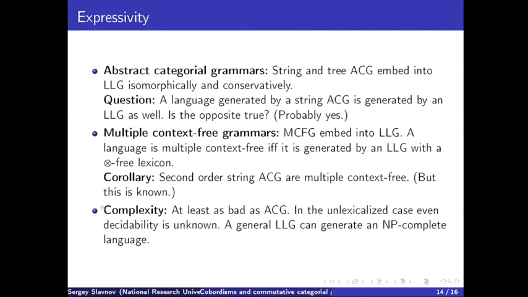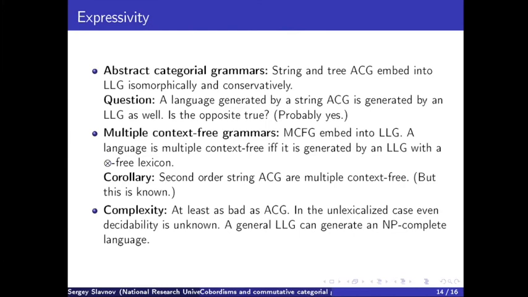And on the less positive side, like other commutative categorial grammars, these LLG are maybe too expressive, so we don't even know if they're decidable. And we know that the general LLG, just as ACG, can generate an NP complete language.